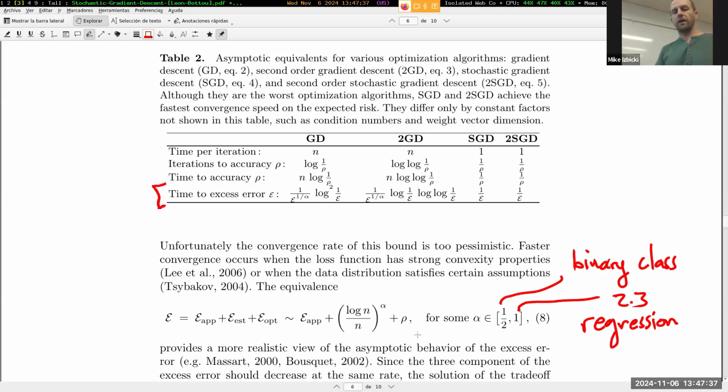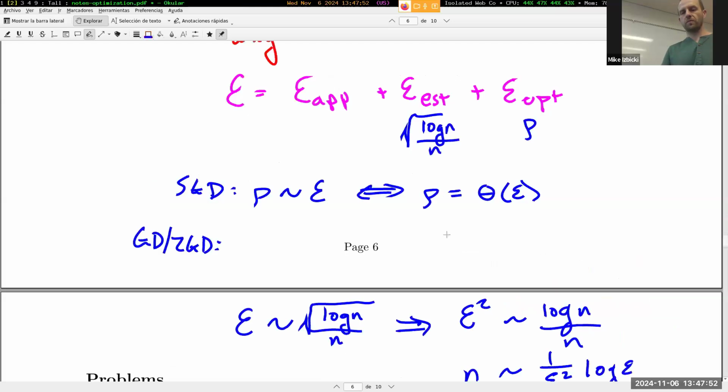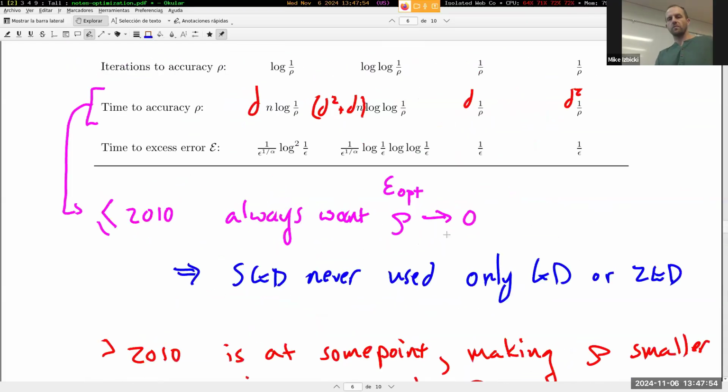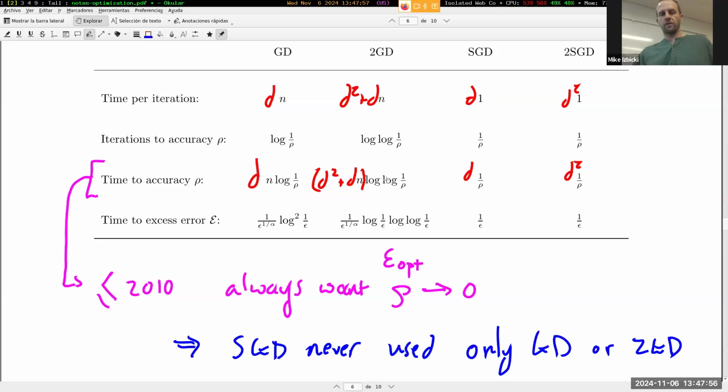We're making our rho value go down to whatever it needs to be so that our optimization error matches our estimation error, which matches our approximation error. And in that case, we get these 4 formulas right here.